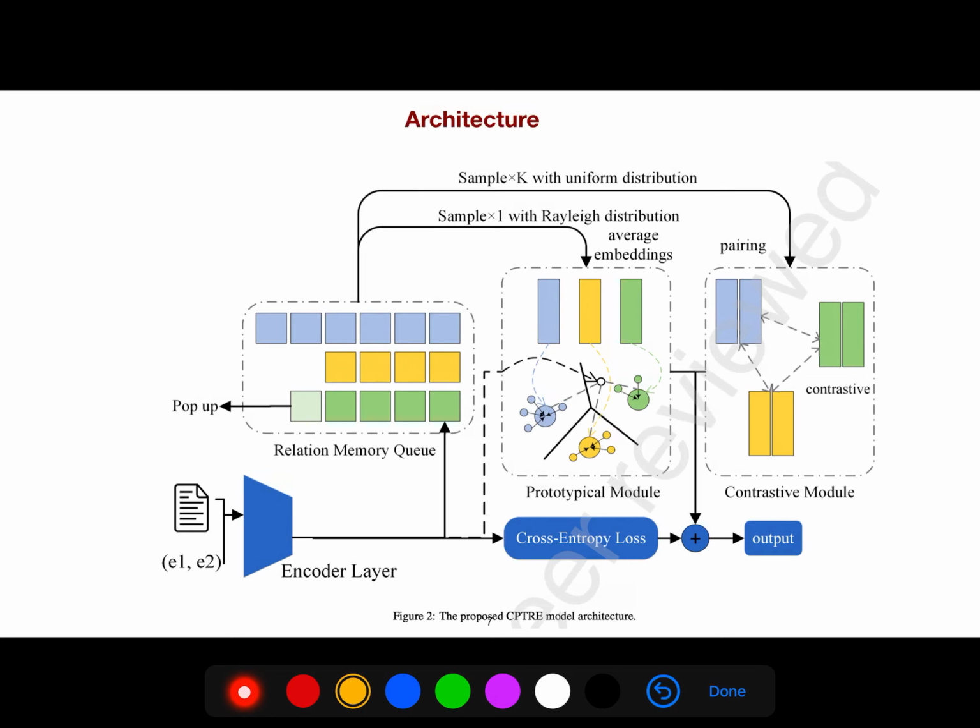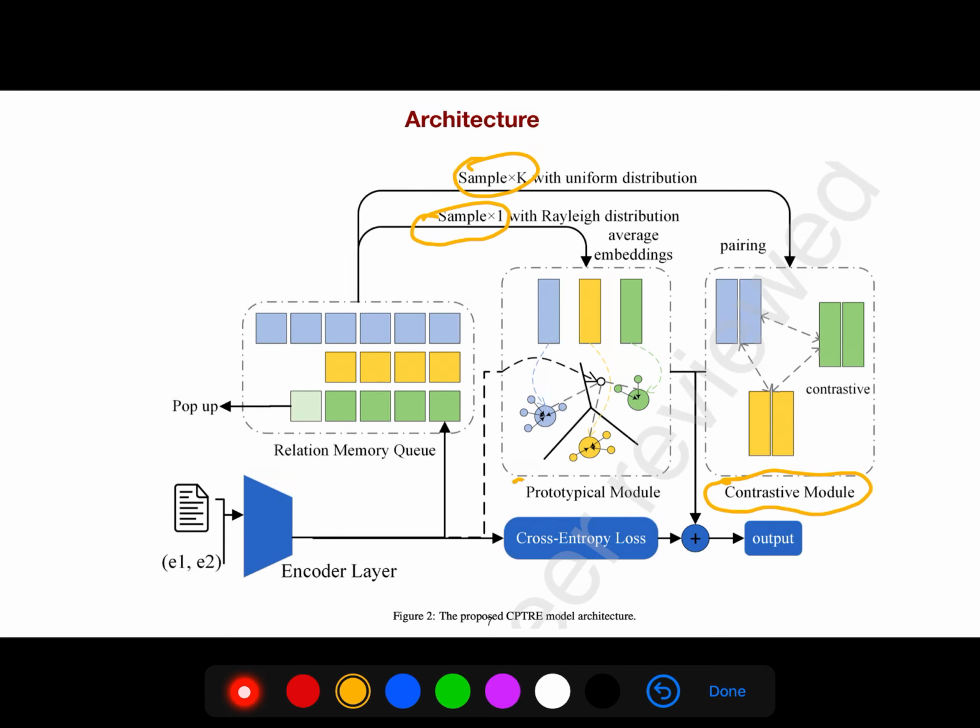But it also goes to the prototypical module, because we have 2 modules: the contrastive module, which contrasts different pairs, and the prototypical module, which is like the previous lecture, using center points of the cluster. And we sample with a Rayleigh distribution for the prototypical module, and we sample with a uniform distribution for the contrastive module.